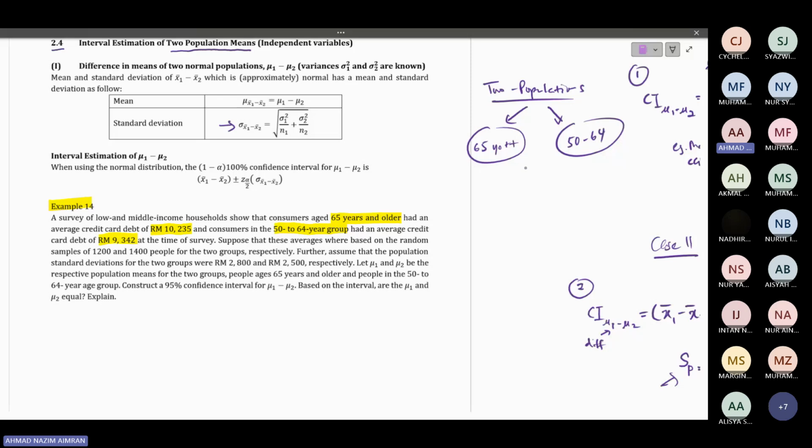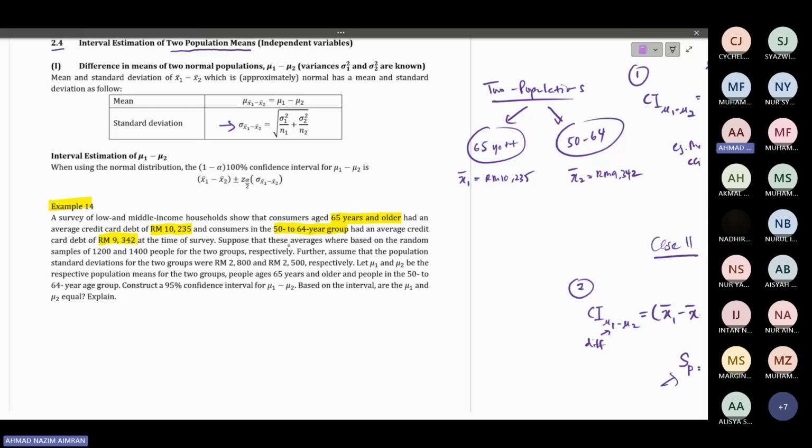The average credit card debt for the first group is RM 10,235, and for group number two is RM 9,342.